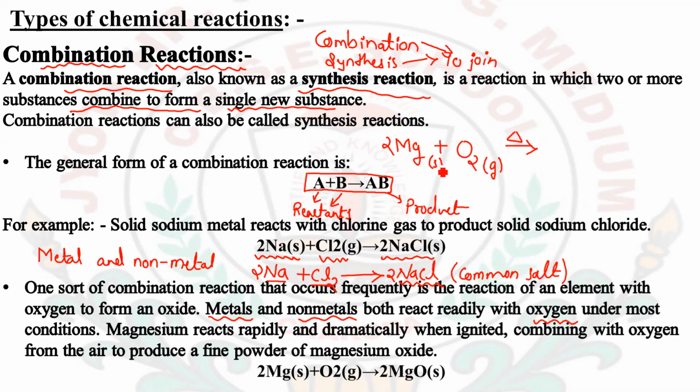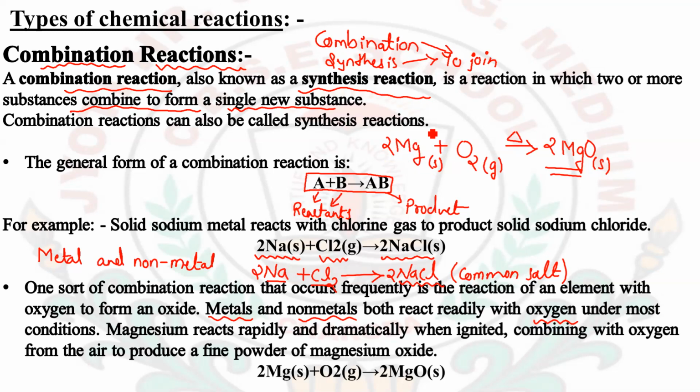When anything is burned, it is actually reacting with oxygen. So when magnesium is burnt in the presence of air, magnesium oxide, MgO, is formed. Here also there are two reactants but a single product, so it is also a combination reaction.